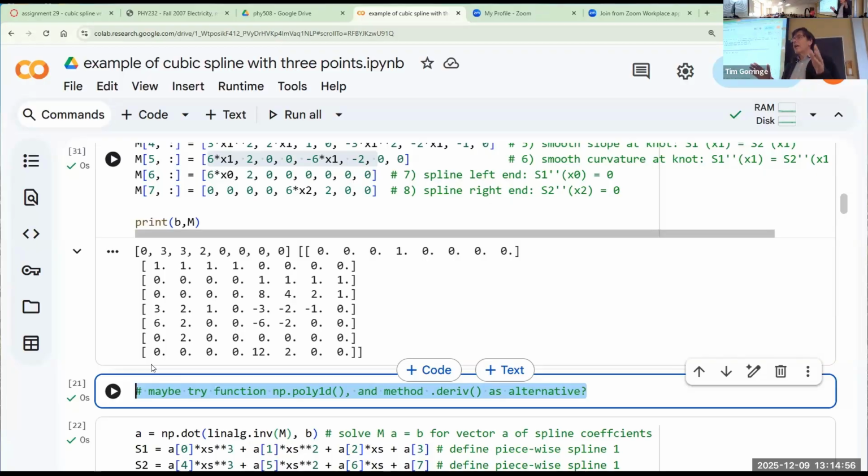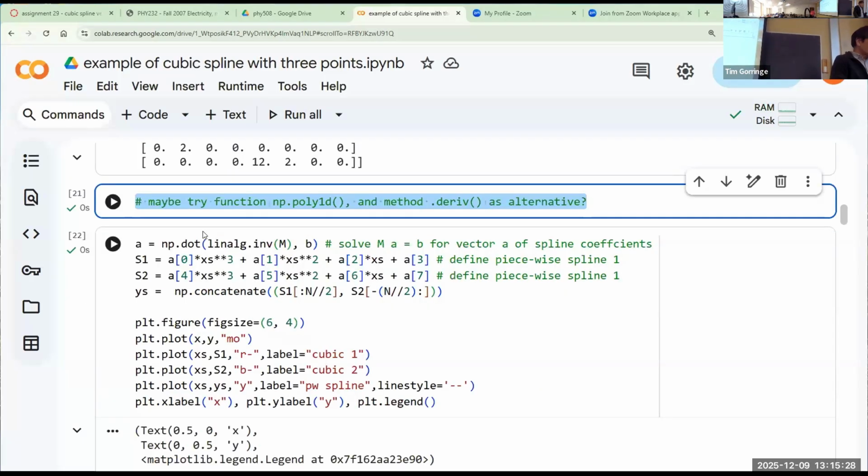So there's probably an even more transparent, maybe more compact, more explicit and clear way of building that matrix by using polynomial objects and using the differential method that you could apply to a polynomial. But by then I'd kind of packed it in.